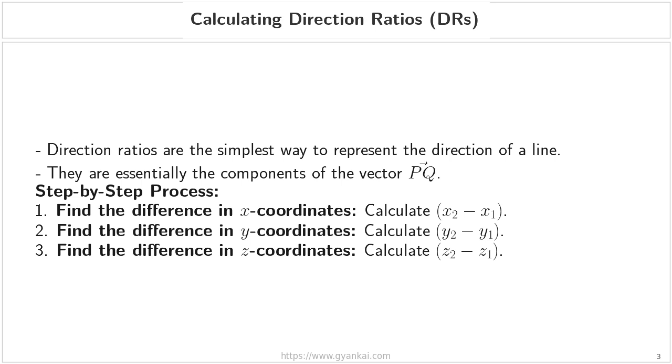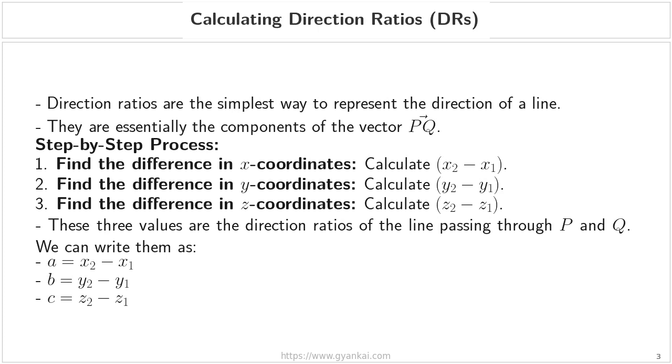First, we find the difference in the x coordinates by calculating x sub 2 minus x sub 1. Second, we find the difference in the y coordinates by calculating y sub 2 minus y sub 1. And third, we find the difference in the z coordinates by calculating z sub 2 minus z sub 1.